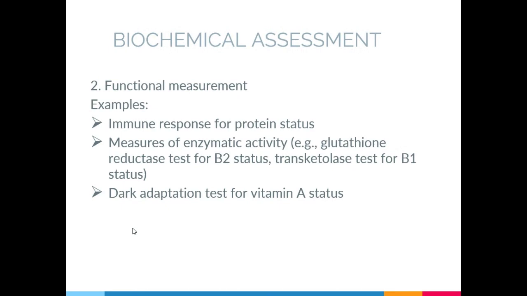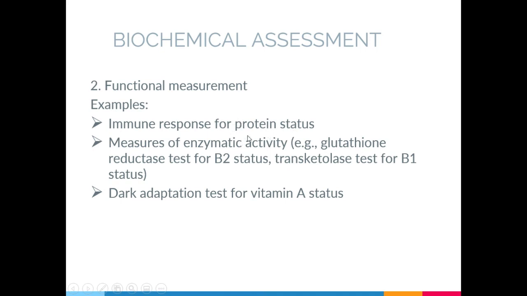We also have functional measurement. So under the functional measurement, we do not merely measure the concentration of the nutrients in those biological specimens, but we actually measure the extent of function. Okay, like for example, immune response for protein status. Because our immune system is heavily dependent on protein, no?